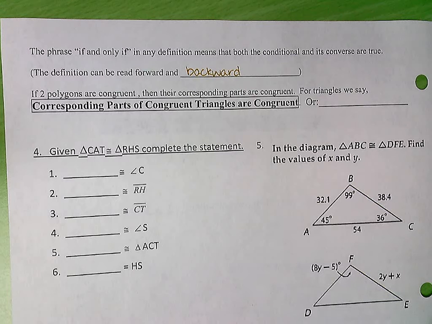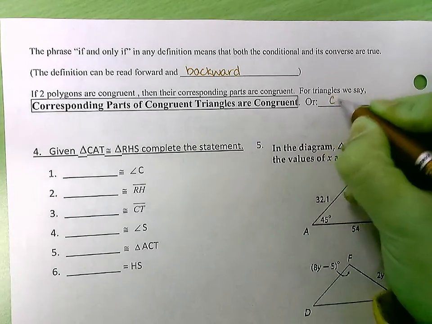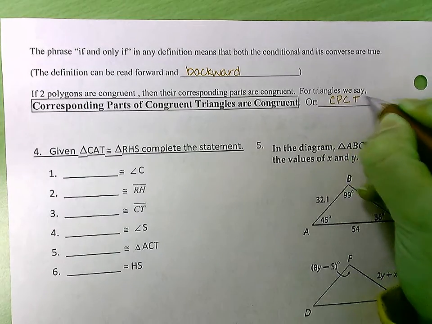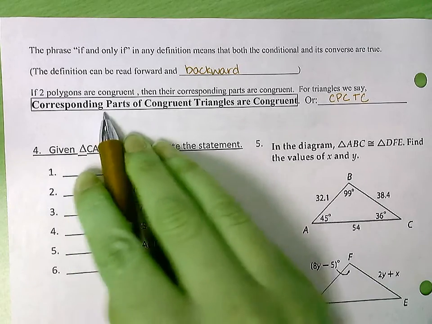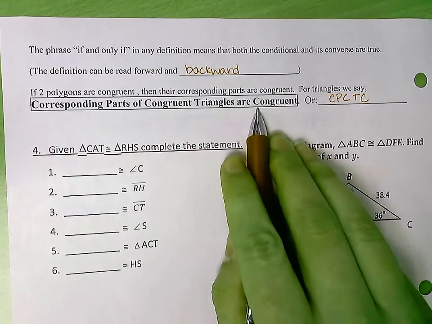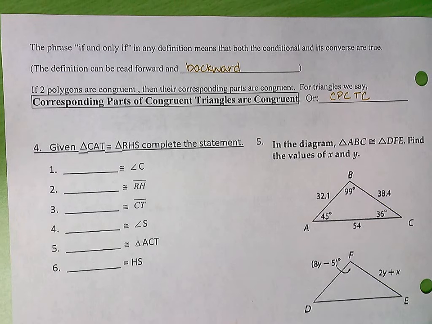So if two polygons are congruent, then their corresponding parts are congruent. So for triangles, not for any polygon, just for triangles, we say corresponding parts of congruent triangles are congruent, or we say CPCTC. Corresponding parts of congruent triangles are congruent.